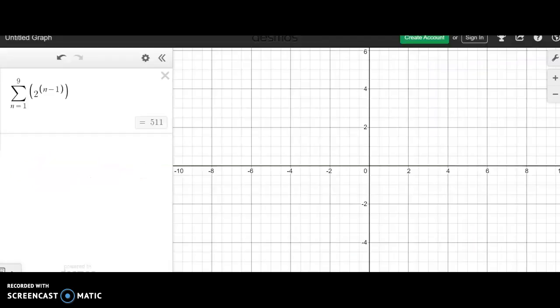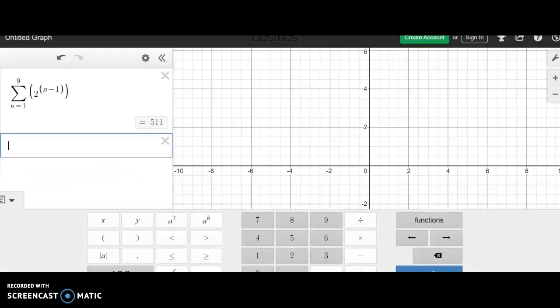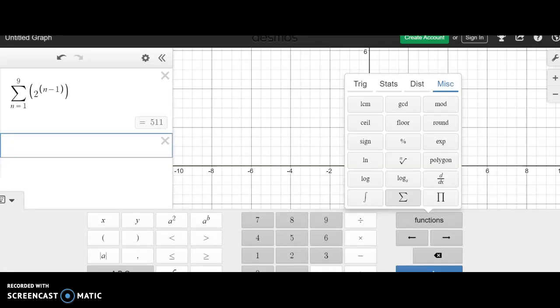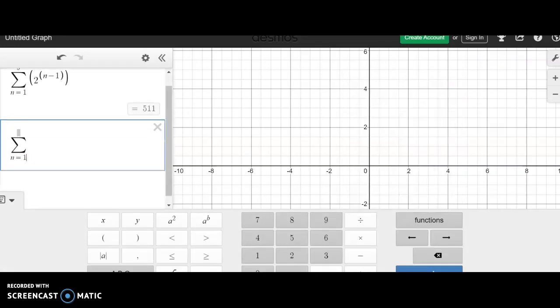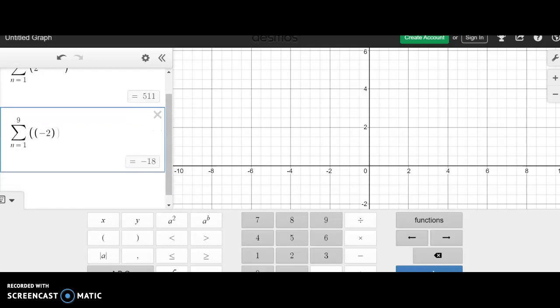So from 1 to 9, functions over to miscellaneous, from n equals 1 up to 9, parentheses, and my formula is a negative 2 this time, so I have to remember to insert a negative 2, and I'm going to go back and add another parentheses. Sorry, I didn't put my double parentheses in the beginning. Okay, so now I'm here.